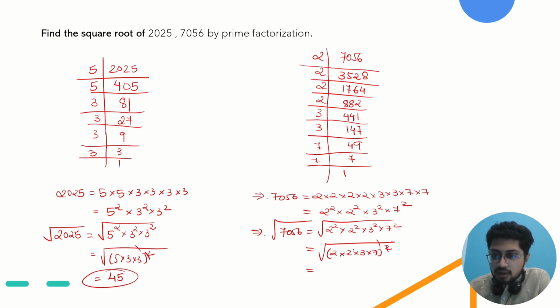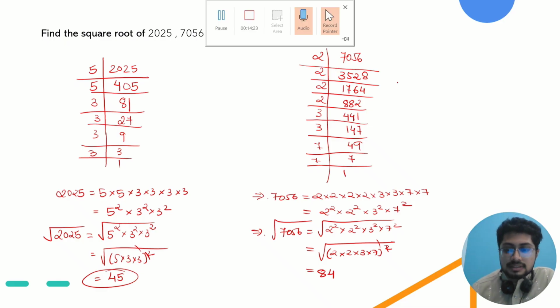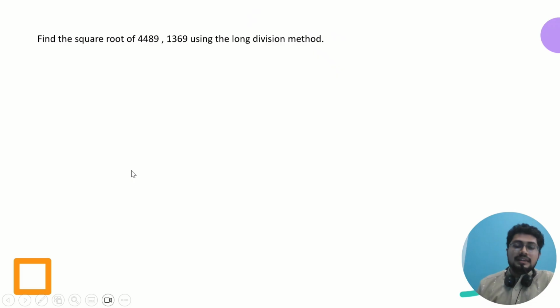Square root cut. What is your square root? 2 2s are 4, then 3 7s are 21, or you can write that also 2 2s are 4, 4 3s are 12, 12 7s are 84. So what is the square root of 7056? It's 84. Am I clear? It's 84. Okay, now find the square root of 4489, but that we will do in the next lecture.